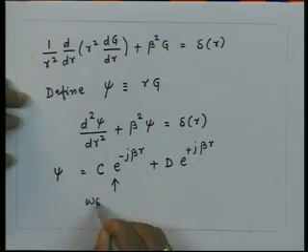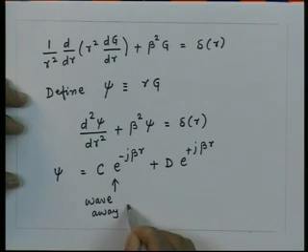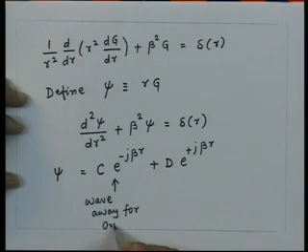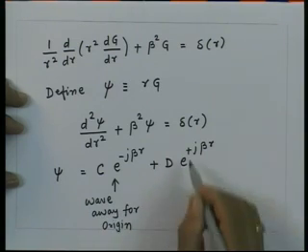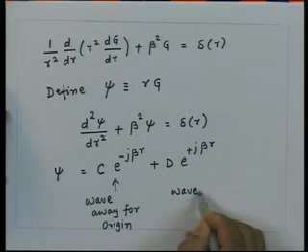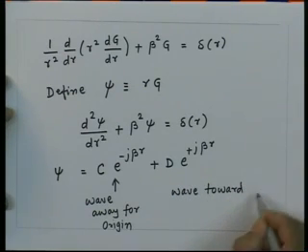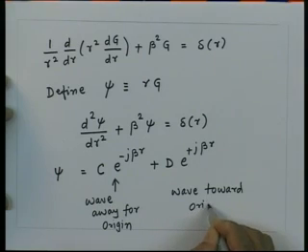So this wave is going away from the origin, and this wave is coming towards the origin.